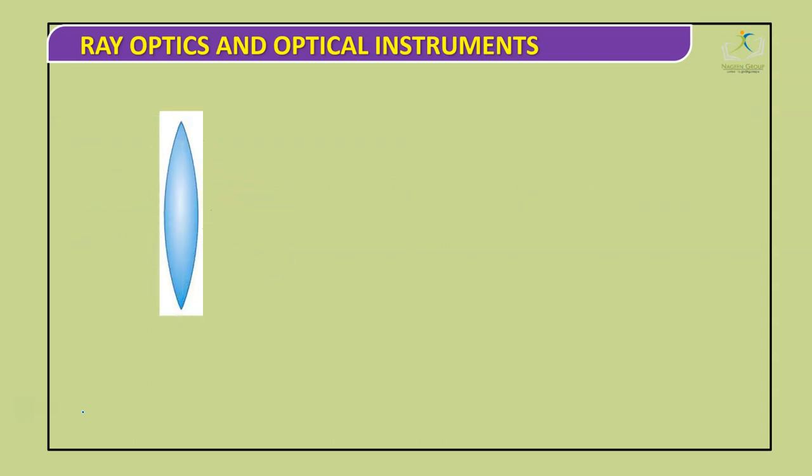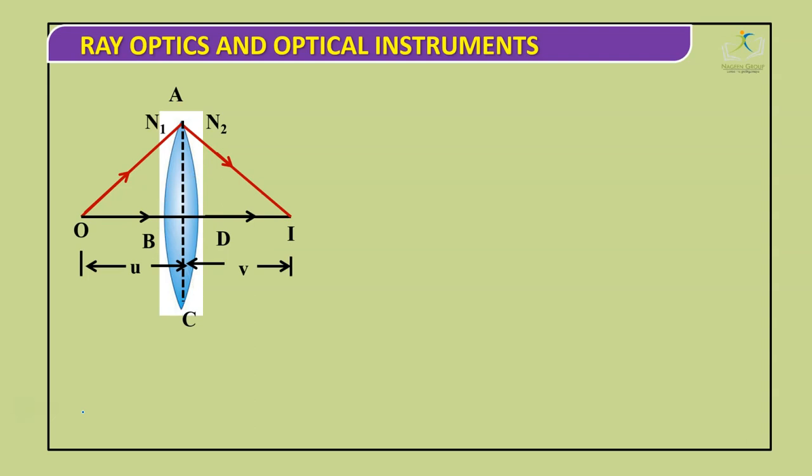Like if I take an equiconvex lens, and light rays are incident in two ways. First, along the principal axis, which moves straight because it passes through the optical center without any deviation. And one is if I send it at a particular angle to the lens, it will bend because of refraction.